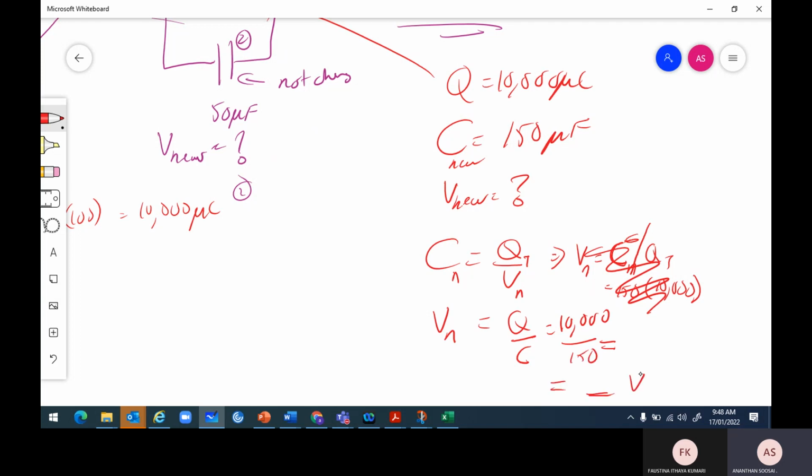What do you get? Very good, 66.7. This should be the new voltage.